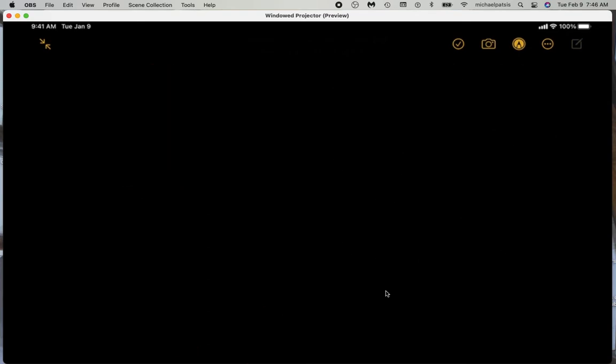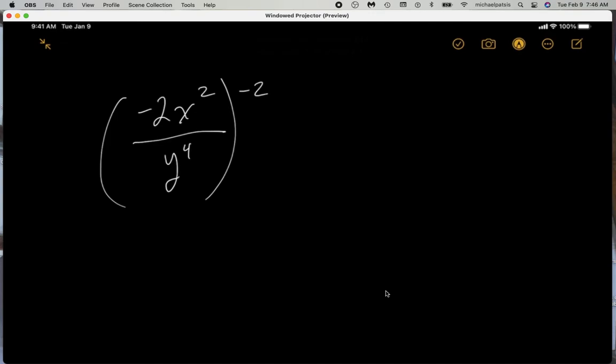Let's do another example. What is... Okay, what are our steps? The first thing we do is we take the reciprocal of this.